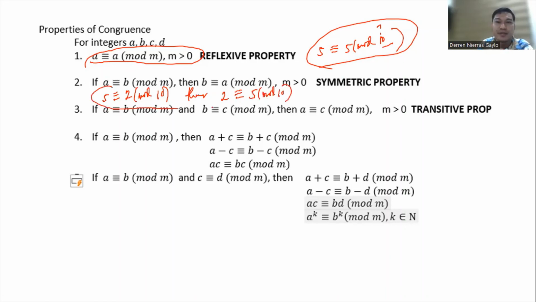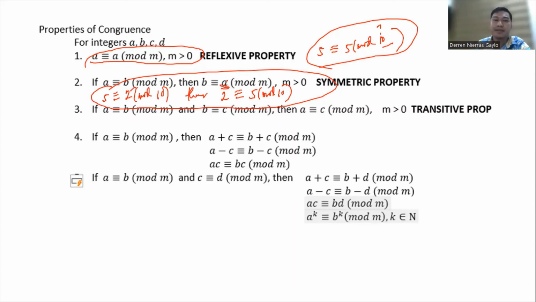This is the symmetric property. You can interchange them. If you say 5 is congruent to 2 modulo 10, then 2 is congruent to 5 modulo 10, because they are just the same remainder.